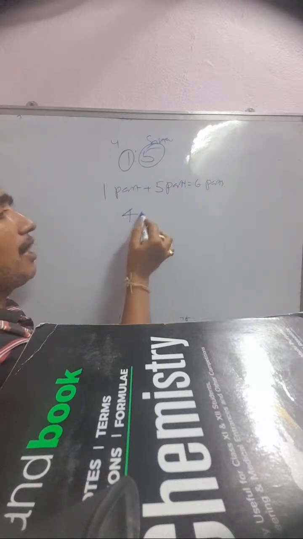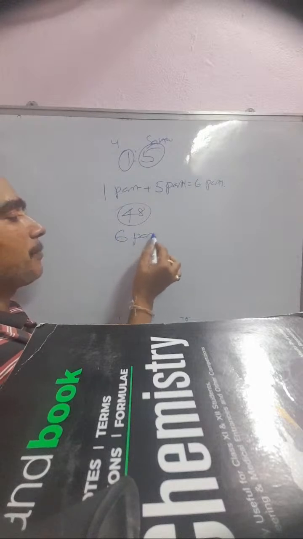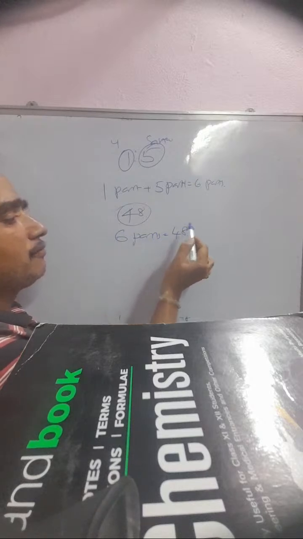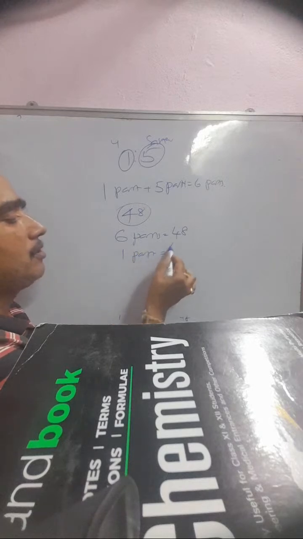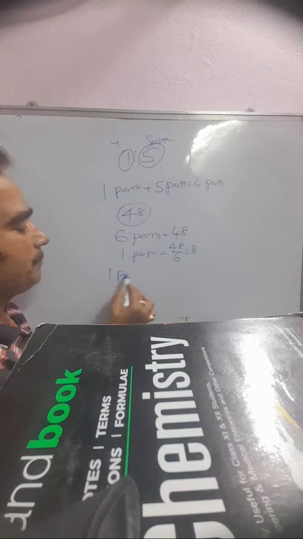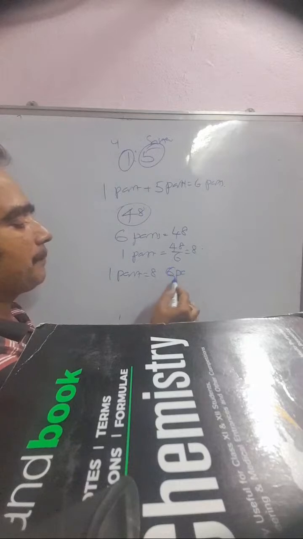So actually how many chocolates did we take? 48. So 6 parts is equal to 48. So 1 part is equal to 48 by 6. How much? 8. So 1 part is equal to 8. 5 parts is equal to 40.